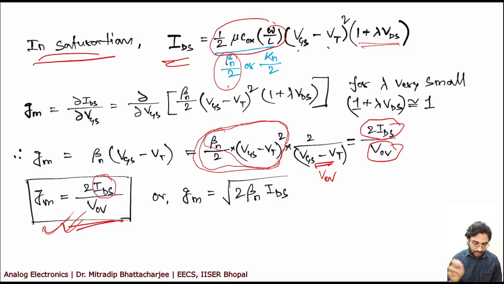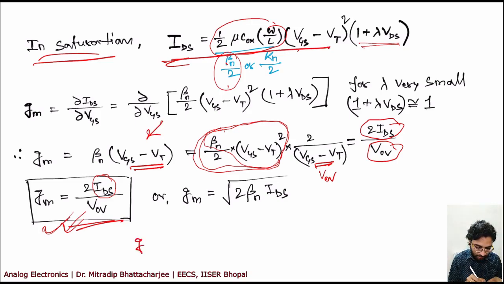You can also replace this VGS minus VT from this equation. Then you will get GM equal to this expression, root over 2 beta n IDS. This is another expression.